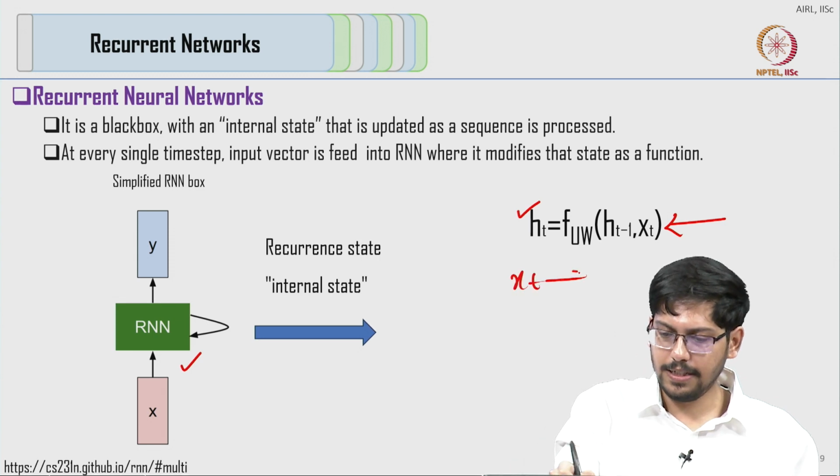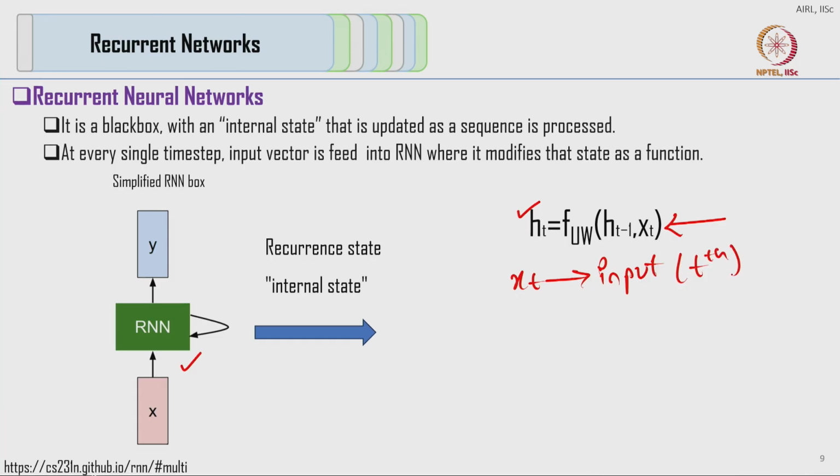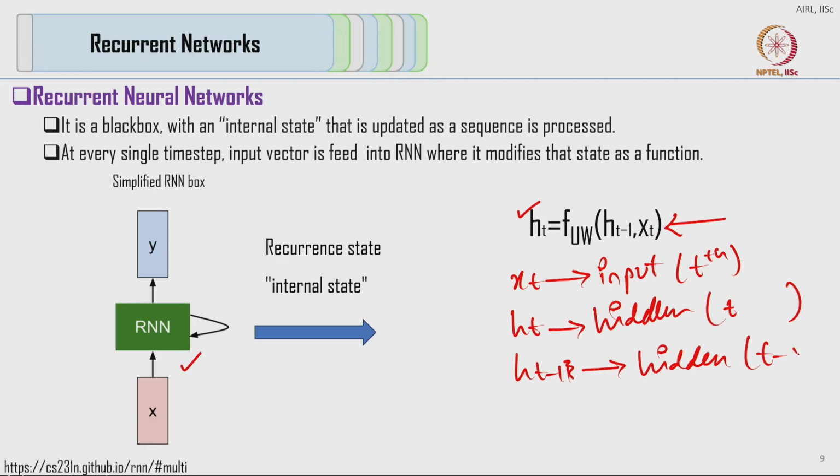Here xt is the input at the state t, the tth state. ht is the value of the hidden state at the timestamp t. Similarly, ht minus 1 is the hidden state at timestamp t minus 1, and u, v and w are the learnable parameters. We will come to v in the next slide.